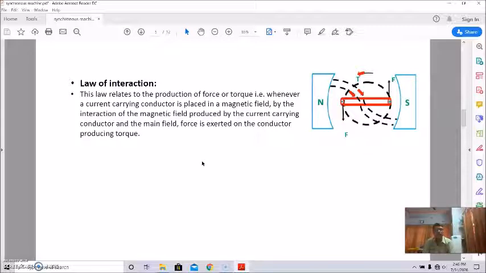Whenever a current carrying conductor is placed in a magnetic field, by the interaction of the magnetic field produced by the current carrying conductor and the main field, force is exerted on the conductor, producing torque. Basically this is the Lorentz force law. As a result, a torque will be developed. So this is basically required for the synchronous motor.